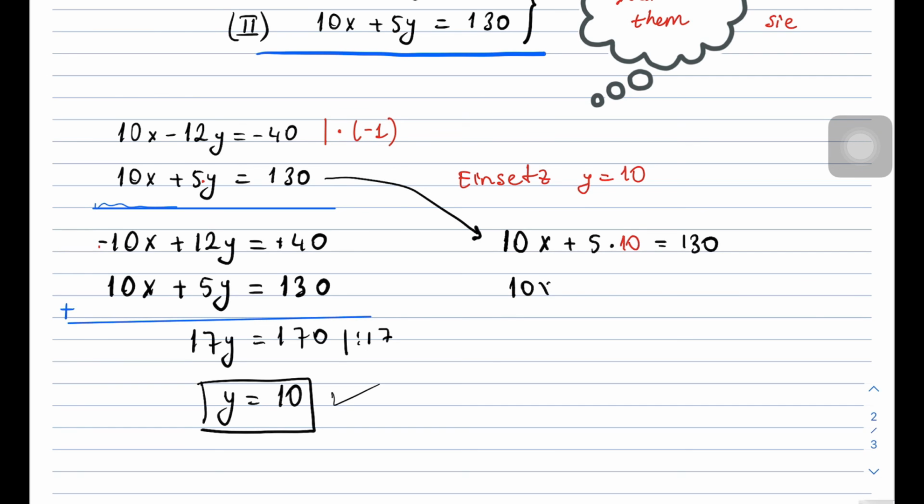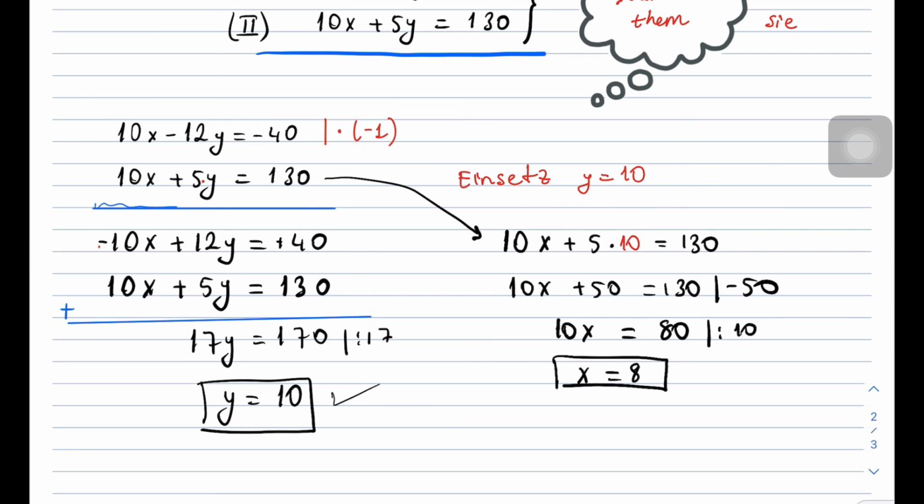That means 10x plus 50 is equal to 130. Minus 50: 10x is equal to 130 minus 50, which is 80. Divided by 10, not 8, sorry. Divided by 10, x is equal to 8.